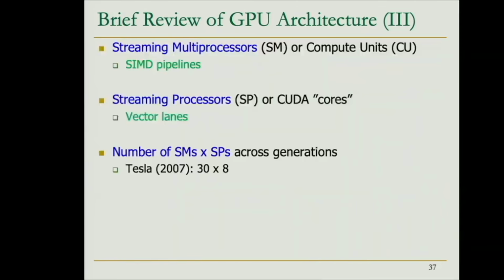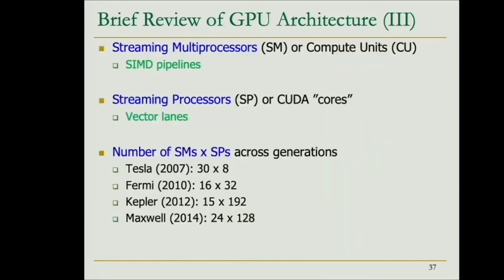Okay, more terminology. I think that we have already gone through all this terminology, and here you have the comparison across the different NVIDIA generations. The latest one is Volta, that was released, I think, either at the end of 2018 or beginning of 2019. The last one is Turing, which is not in the slide.